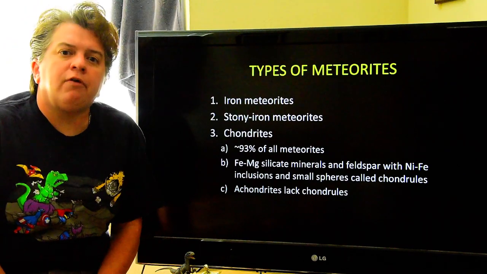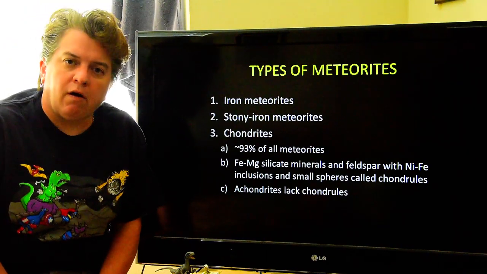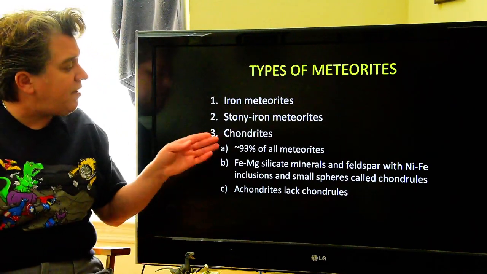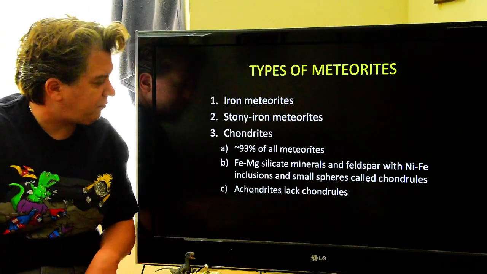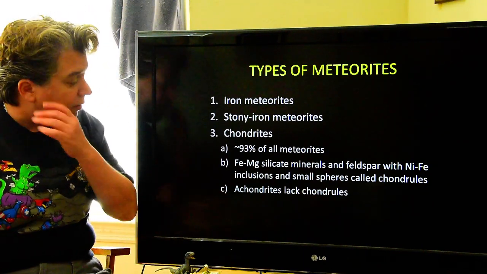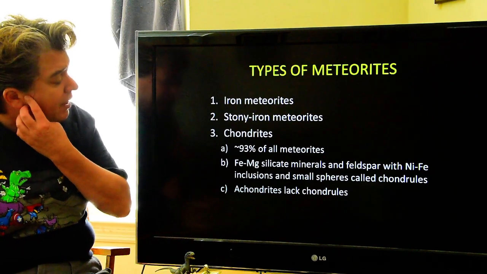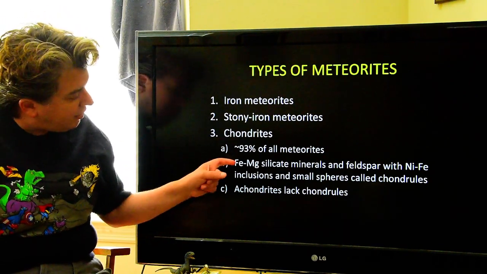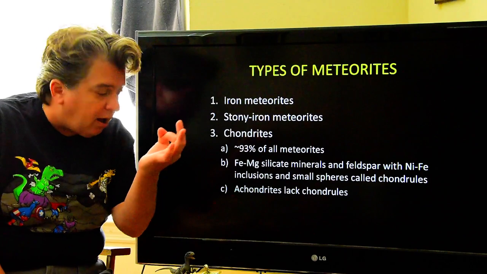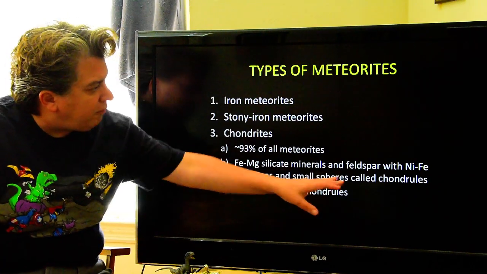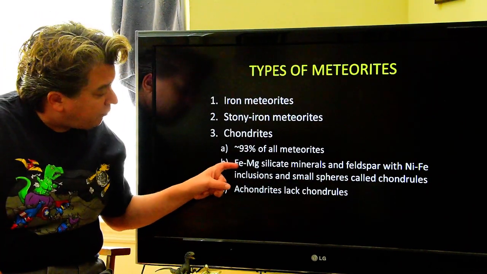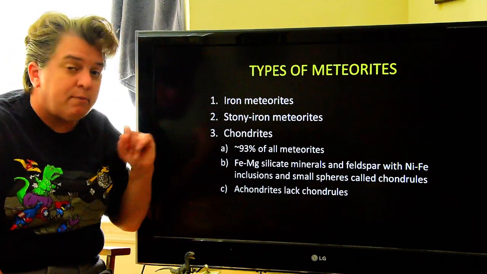But there are other meteorites that are more common, more abundant, and these are the chondrites. Chondrites are the majority of the meteorites that we see. And what you're going to have is little balls, little blobs of nickel iron surrounded by iron magnesium silicate minerals.